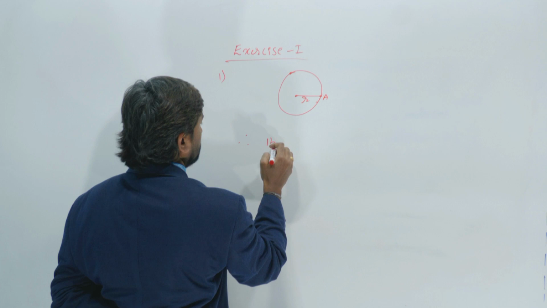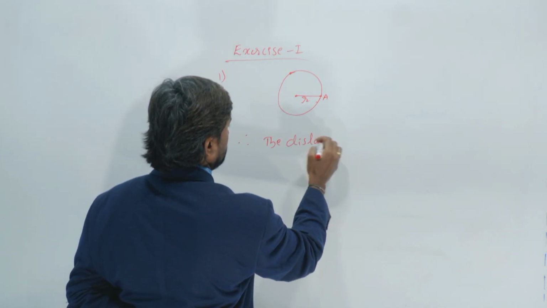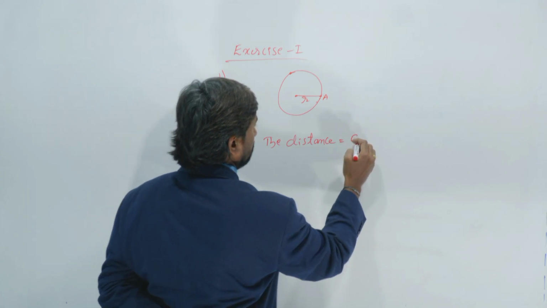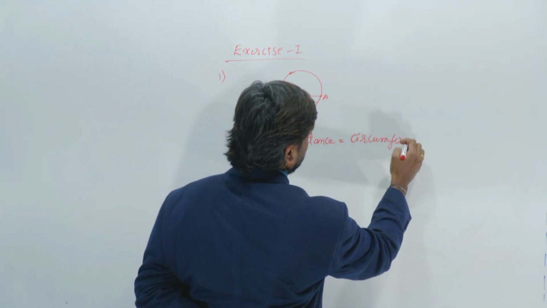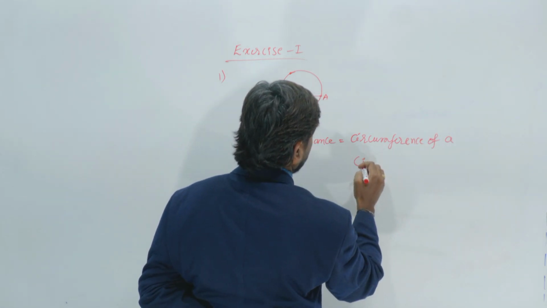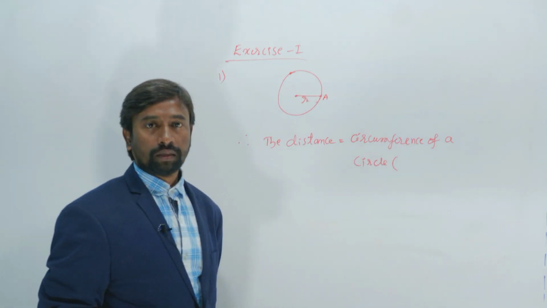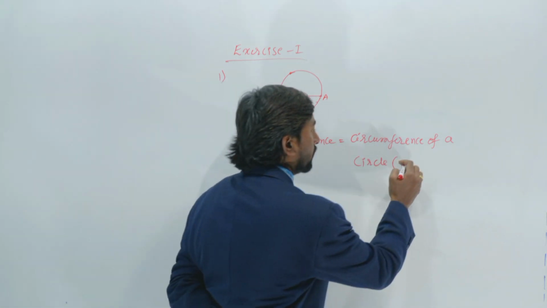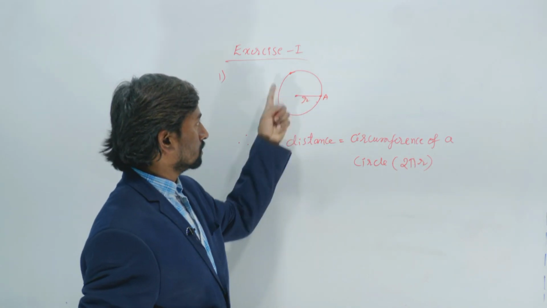Therefore, the distance is equal to the circumference of a circle. Circumference of a circle is 2 pi r, where r is the radius.